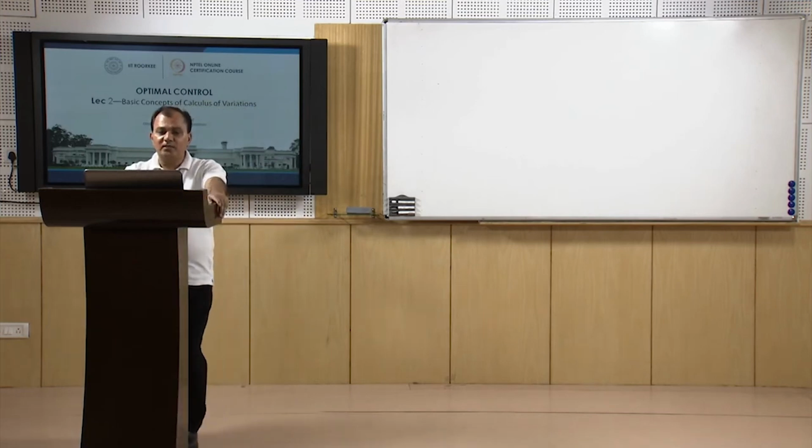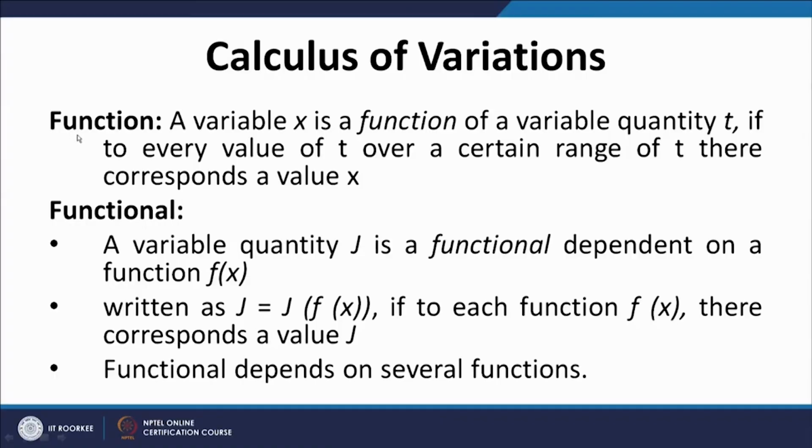Our first definition is the function. What is a function? A variable x is a function of the variable quantity t if to every value of t over a certain range of t there corresponds a value x.